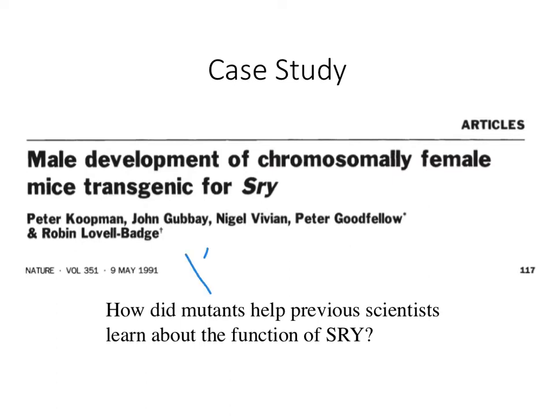We knew that there were XX individuals that had SRY, or was it the opposite? There are two different types of studies you can do. What sort of a sex would an individual be if they had two X chromosomes?